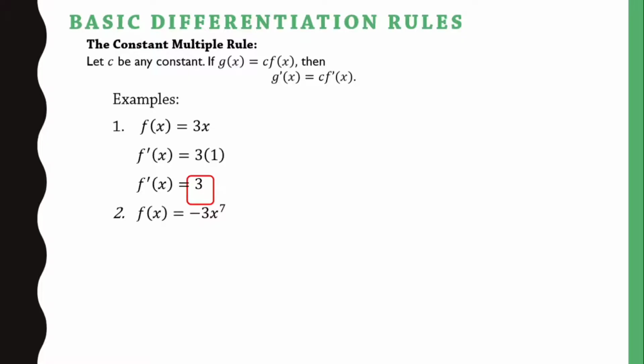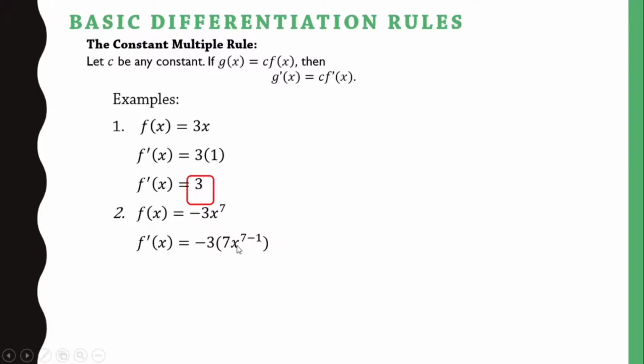Second example, we have f of x equals negative 3 x raised to 7. Again, we take out our multiplier negative 3 and get the derivative of x raised to 7. To get the derivative of that, we will use the power rule. Take 7, make it our numerical coefficient, then subtract 1 from our exponent. So that will be negative 3 times 7x raised to 7 minus 1.